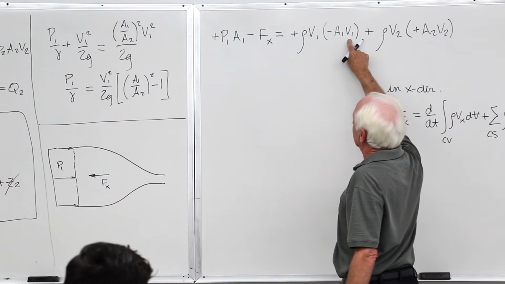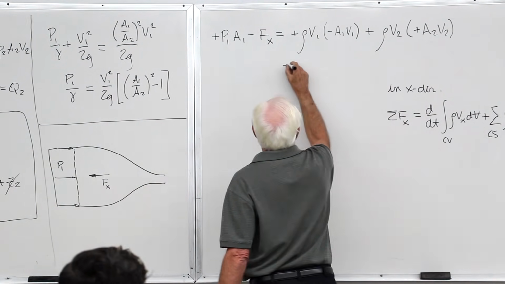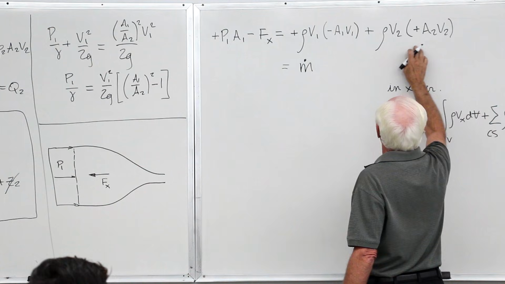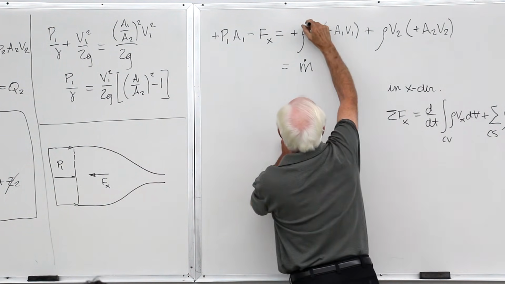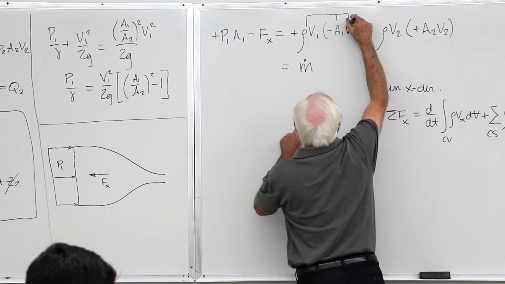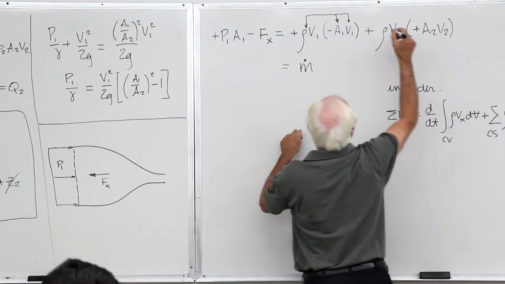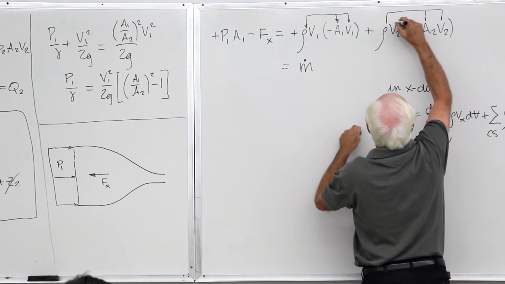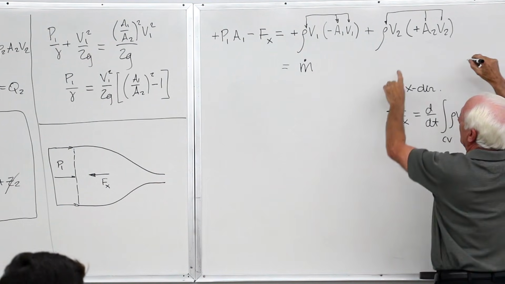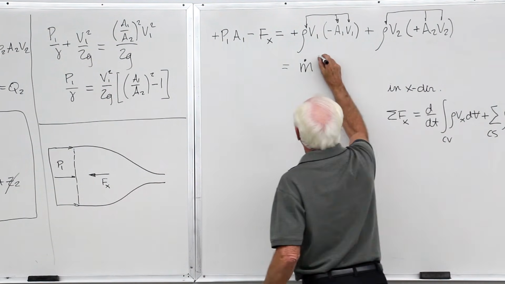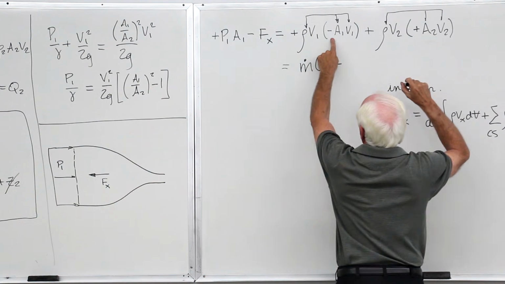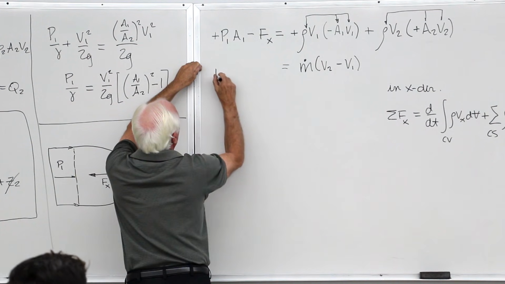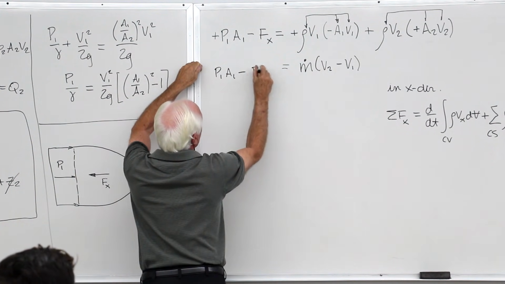This is m dot. So these three terms are m dot. That's m dot. Okay, and then what's the positive one? V2. And what's the negative sign? V1. And what's that equal to? P1 A1 minus Fx.